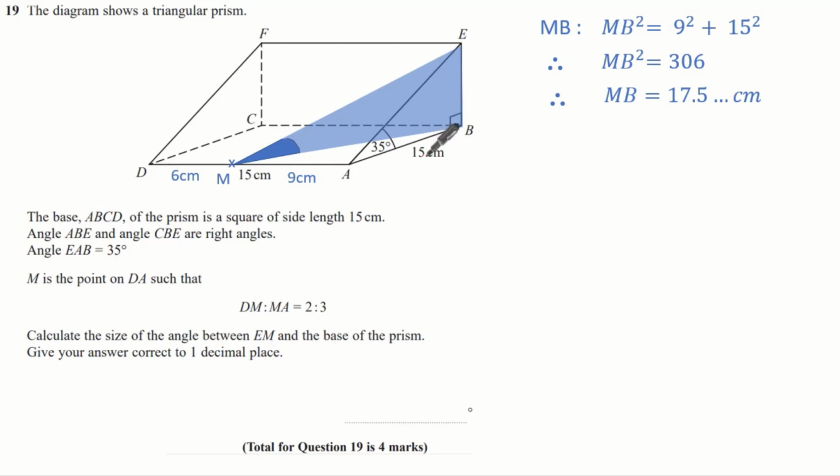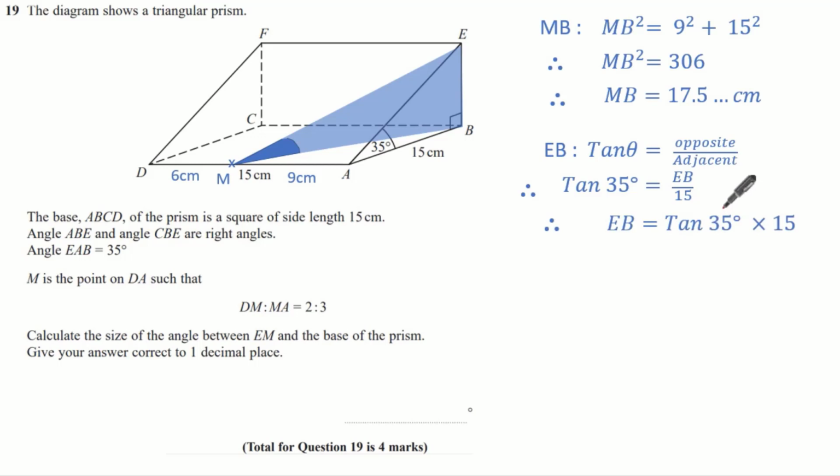So the trig ratio that uses the opposite and the adjacent is tan. So to work out EB, tan theta is equal to the opposite over adjacent. Substituting what I know, I have tan 35 equals EB over 15. Rearranging to find EB, it's tan 35 multiplied by 15, so I know EB is 10.5.